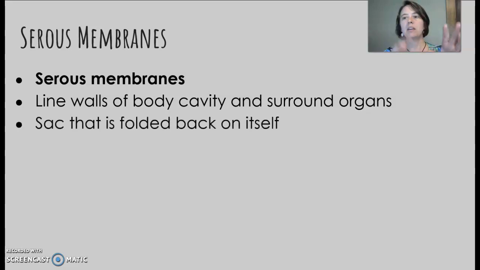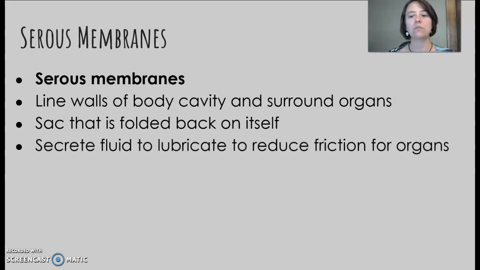And it is one big fluid-filled sac that gets folded back on itself. So if you imagine taking a water balloon and putting your hand in it, then it would be like a sac around your hand. It gets folded around itself. And they secrete fluids that helps reduce friction and helps protect those organs.